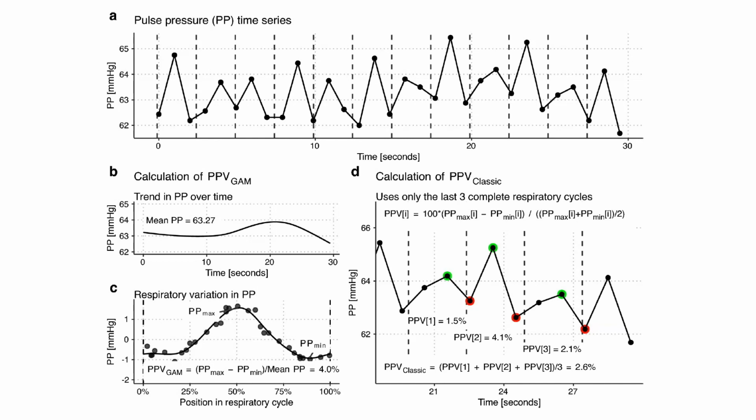So we might have one ventilation where we get a high pulse pressure variation, then the next ventilation we by chance just get a low pulse pressure variation because the 2 beats happen to appear away from the maximum and minimum effect of the ventilation. And this may, by chance, lower the pulse pressure variation when we have low heart rate to respiratory rate. And the generalized additive model approach overcomes that problem.